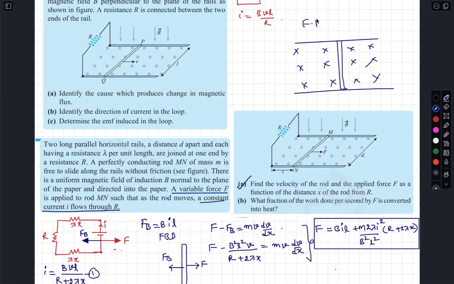Fleming's right hand rule. It's moving rightwards. As it moves rightwards, inward, Fleming's left hand rule. Inward, thumb rightwards, central finger upwards. This is how the flow of current takes place.